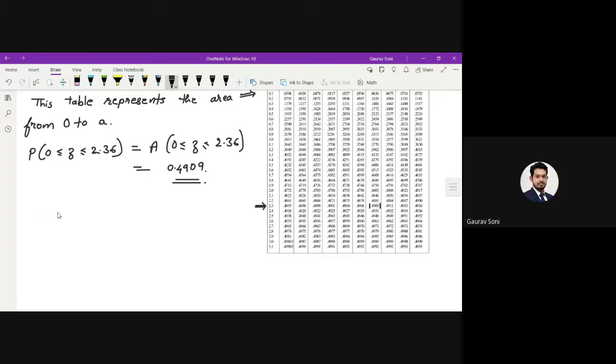So these are some important remarks about the normal curve. What we have done is we have shifted the curve now. The first remark is about the total area under the curve.